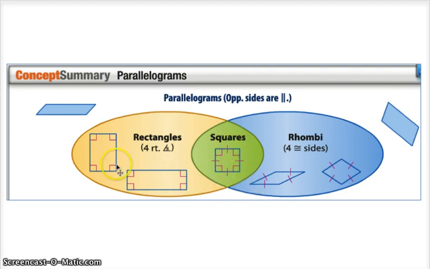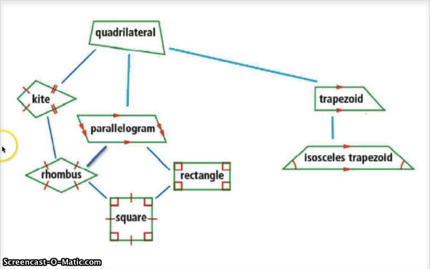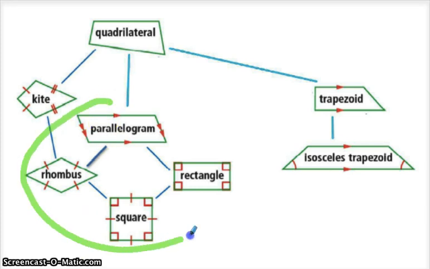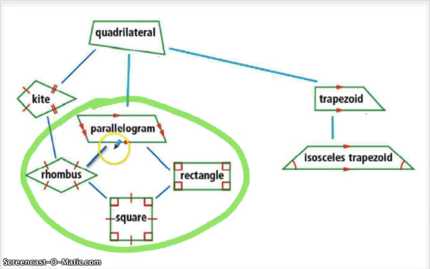This reminded me of something I created. Now this is not on your page, and we haven't talked about all of these yet, so I'll be showing this later. The part I want you to focus on is just this part of it. The way this hierarchy chart works is that all these things are called quadrilaterals, and they get more special as you go down the picture.